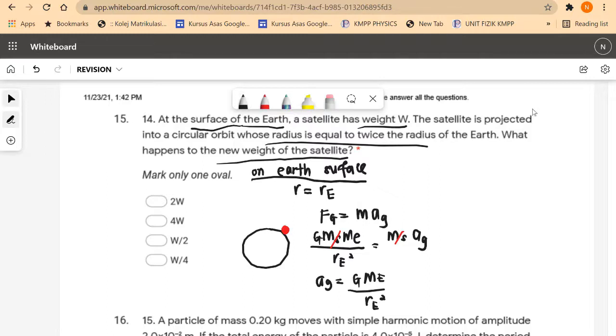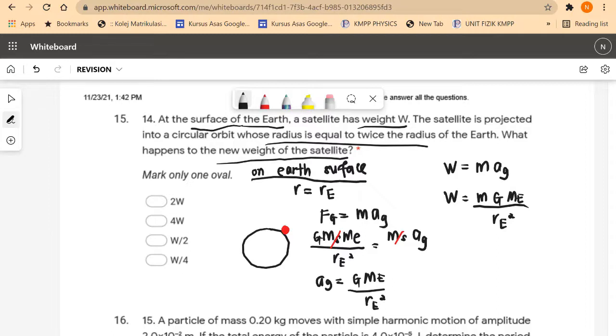So weight on Earth's surface, W, equals mass times acceleration due to gravity, Ag, or you can also write g. So weight equals mass times G mass of Earth over radius of Earth squared. This one is on Earth's surface.